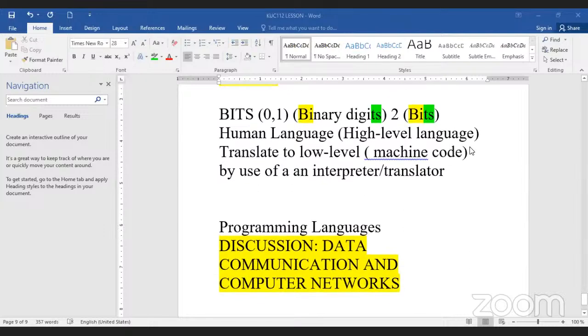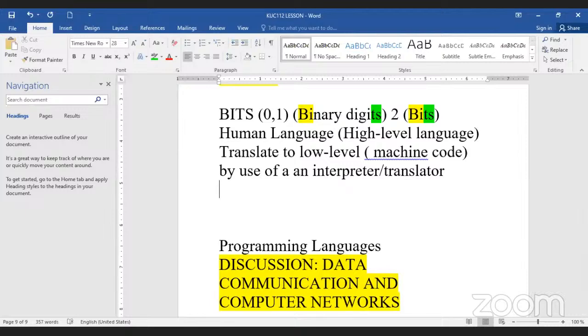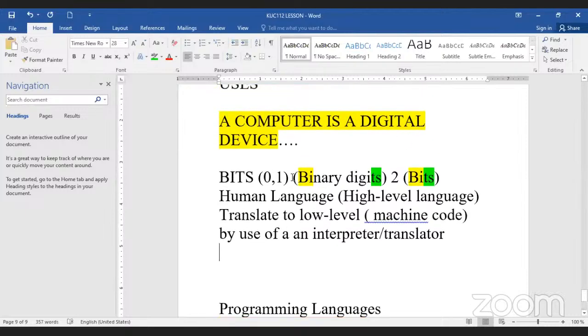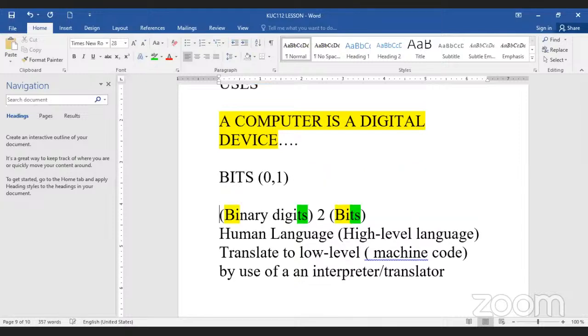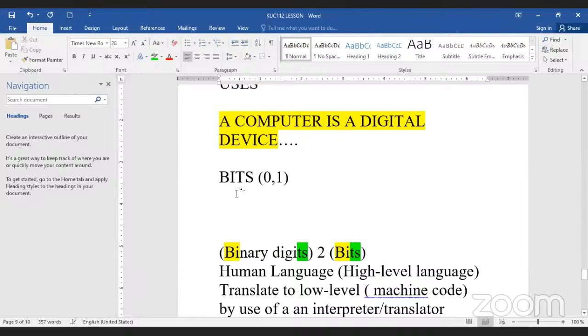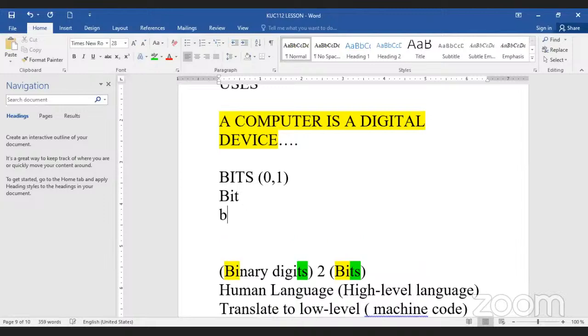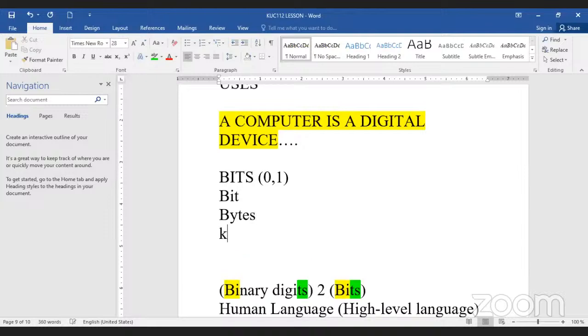So to begin with that, let us go through this terminology. So we have bits. That's the lowest size of storage that a computer understands. Then from bits we have bytes. Then from bytes we have kilobytes.